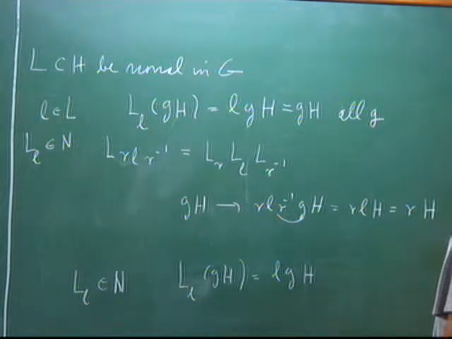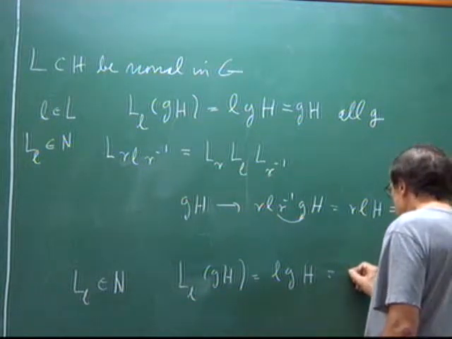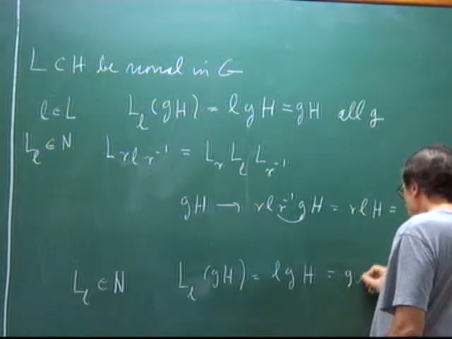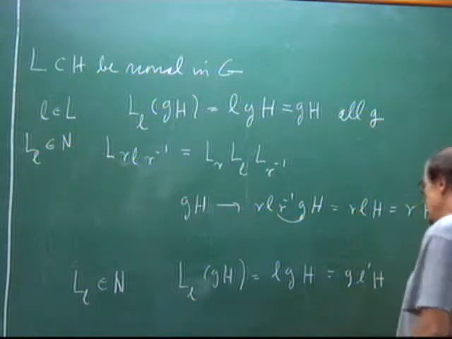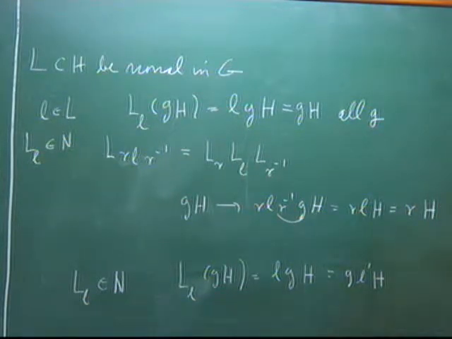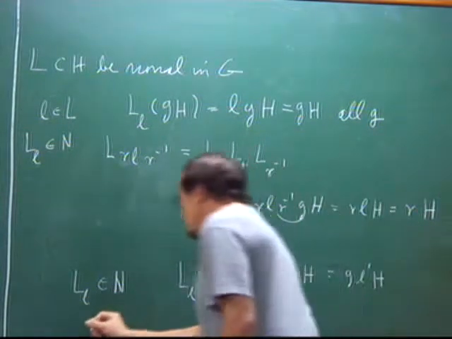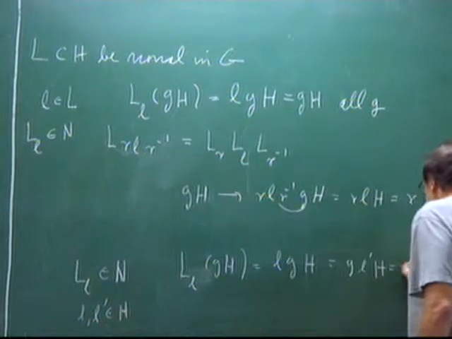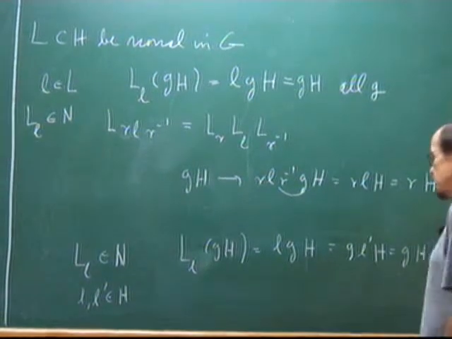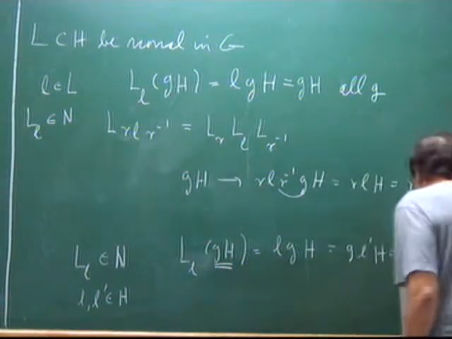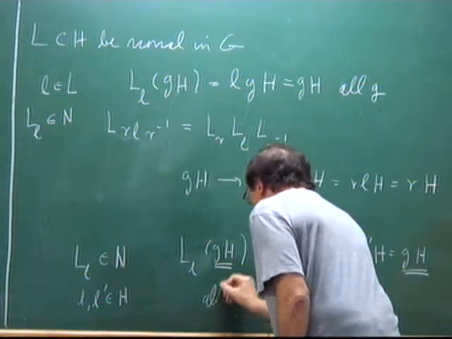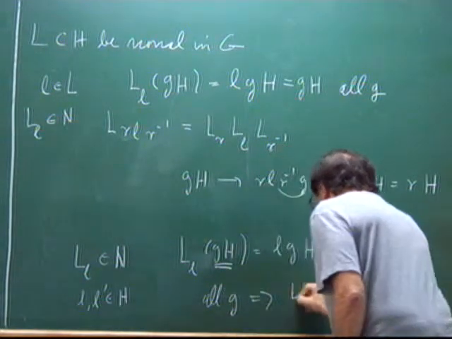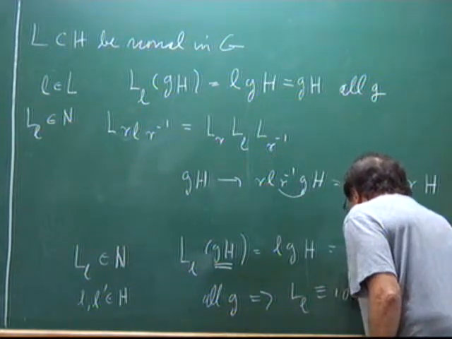But L is normal in G, so this is g l' H. But of course, l and l' also lie in H, so this is gH. So it takes gH to gH for all g, which implies that this is identity.